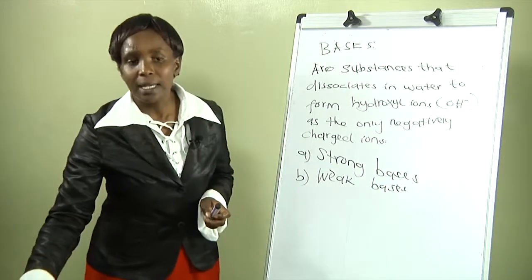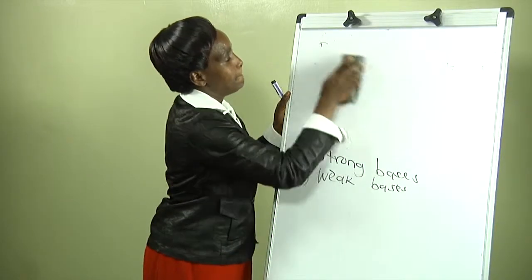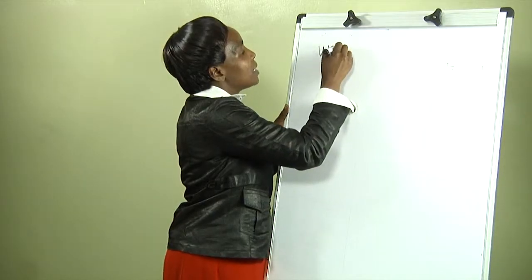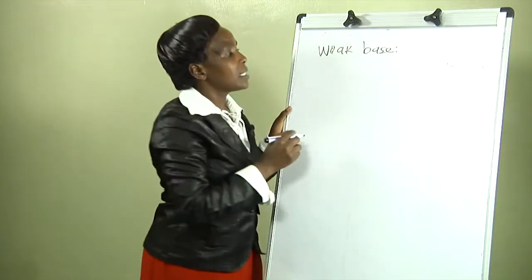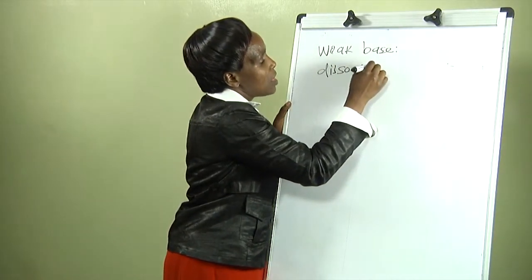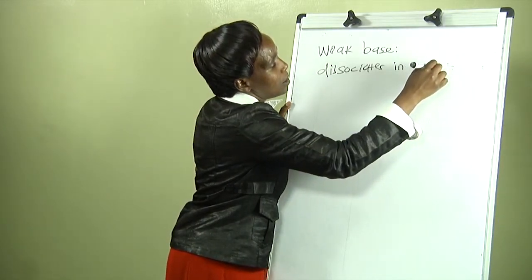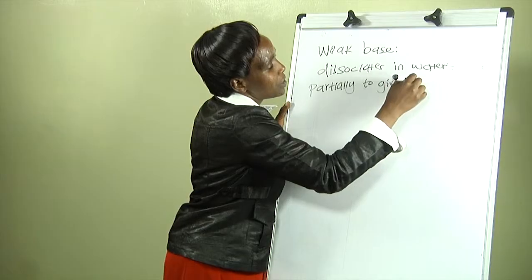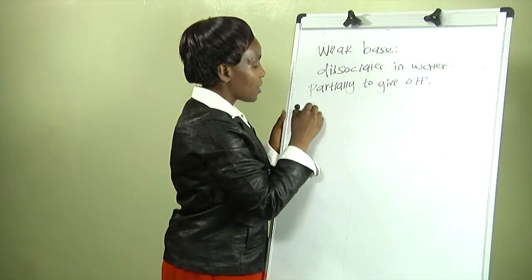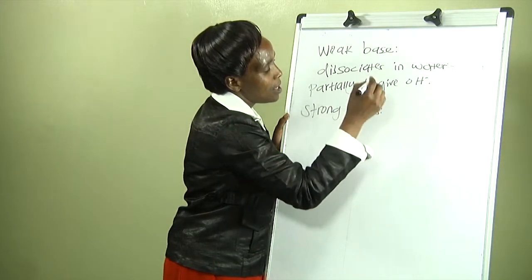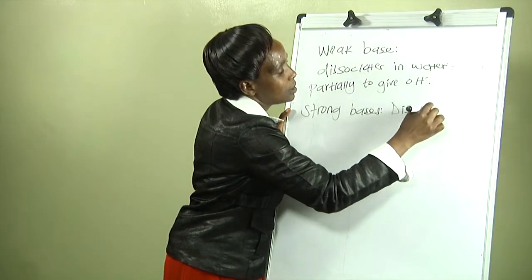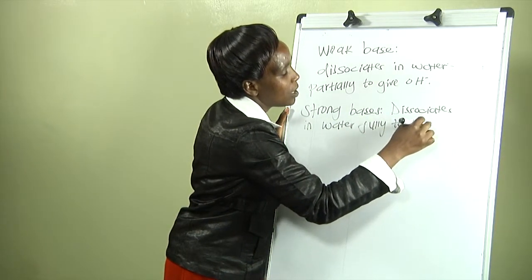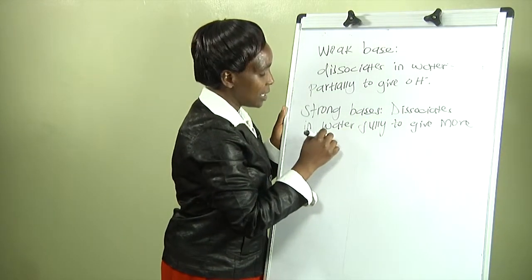Just like the definitions of strong and weak acids, the difference is that weak bases are substances that dissociate in water partially to give hydroxyl ions, while strong bases dissociate in water fully to give more hydroxyl ions.